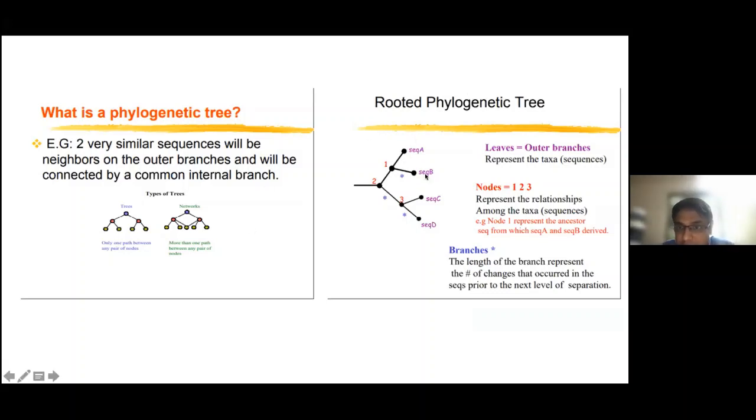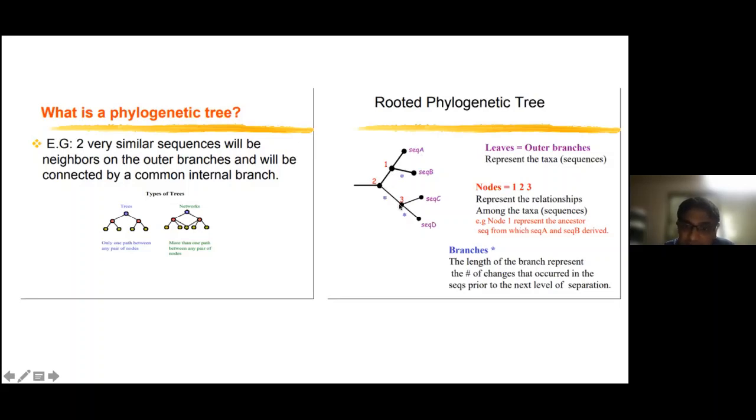So here is some terminology. We look at the leaves. These are the outer branches, for example, these ones. These are the internal nodes. That means sequences A and B diverge from node 1, and nodes 1 and 3 diverge from node 2, and these are the branches.